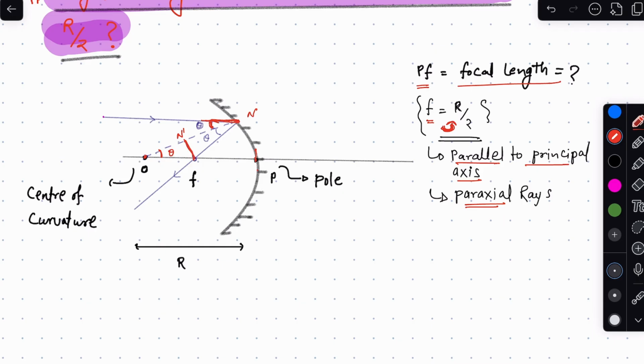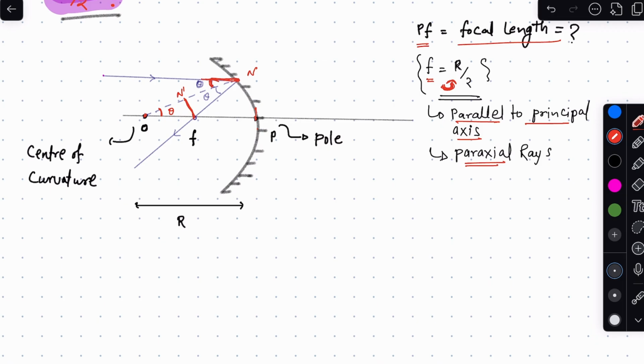If this side is common, then triangle O N dash F and triangle N dash F N are both similar triangles. In fact, they are equal triangles, because two angles are equal and one side is common.